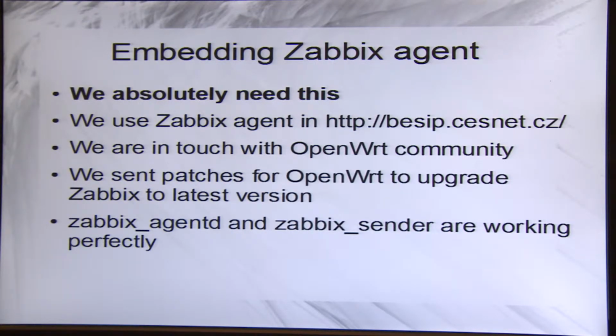We are in touch with the OpenWRT community, and we are embedding some voice IP things, and we send some latest patches for Zabbix to upgrade in OpenWRT. So Zabbix agent and Zabbix sender are working perfectly in embedded devices.